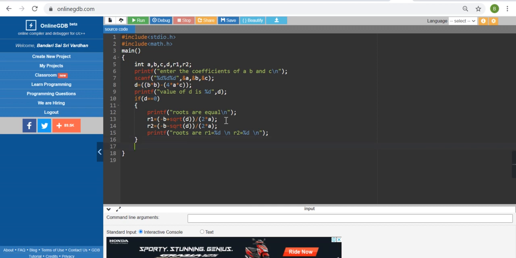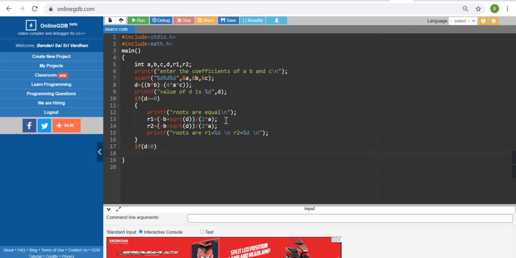Next condition, if, what is the next condition? D value is greater than 0. If the value of d is greater than 0, what should be printed?